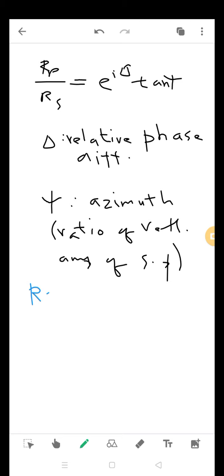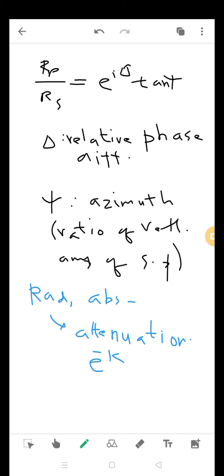This radiation undergoes an attenuation; it decays in exponential form. It's called e to the power minus kt, where k is the absorption coefficient and t is of course the thickness.